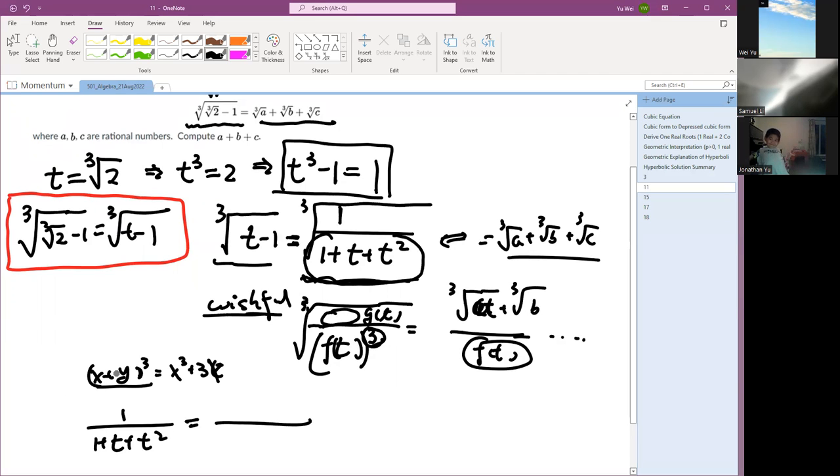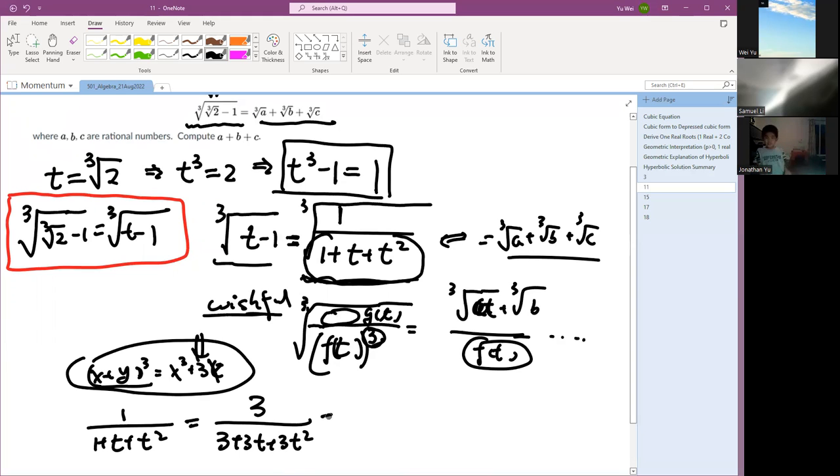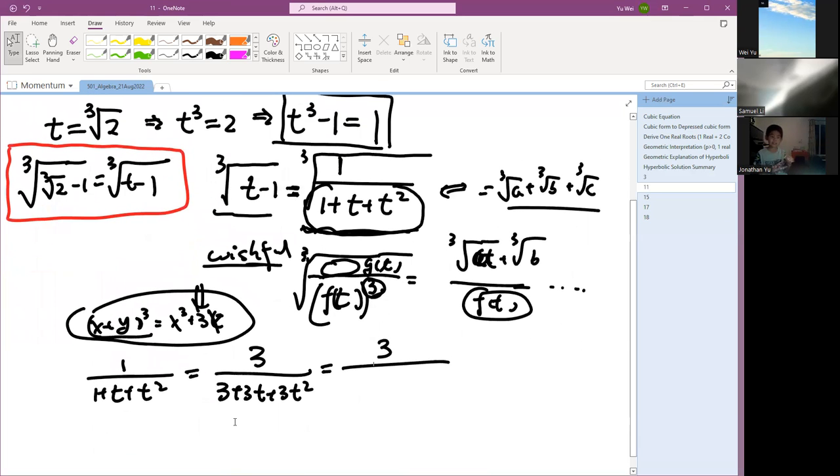If we want a perfect cube, do we need some coefficient 3? Yeah. Let's do it. Do you guys see it? Starting to see a t plus 1 cube.